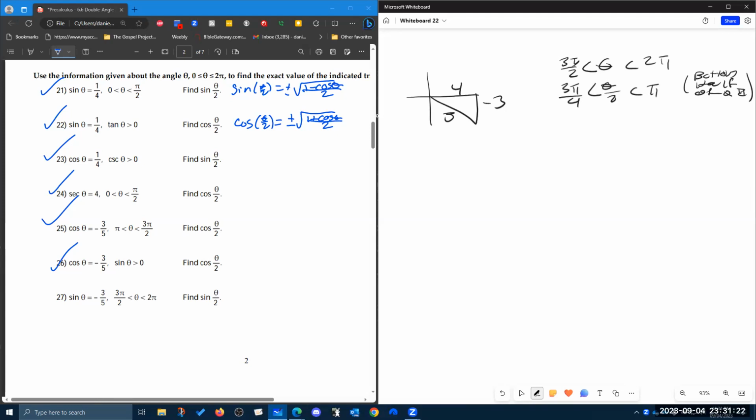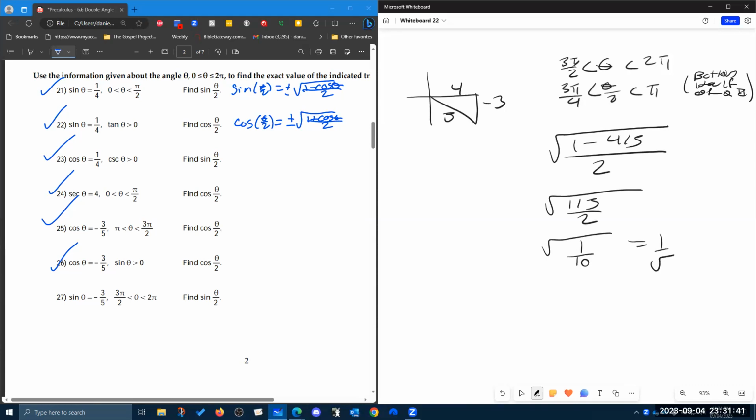So sine is going to be positive there. 1 minus the cosine value here, 4 over 5, over 2 is 1 over 5 over 2 is 1 over 10. It's 1 over root 10, which is root 10 over 10.